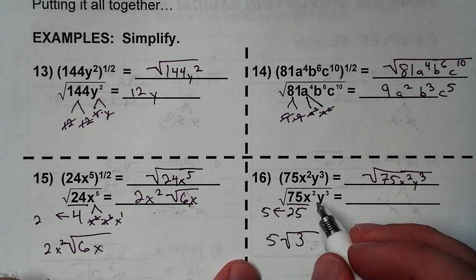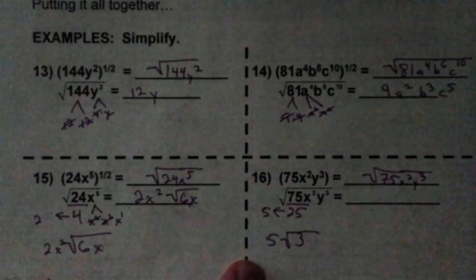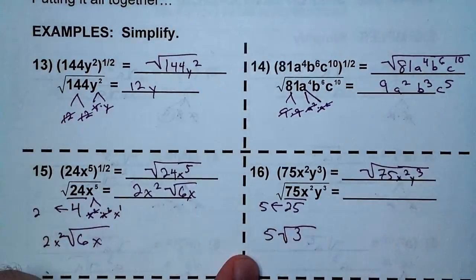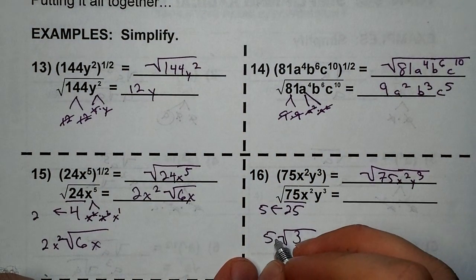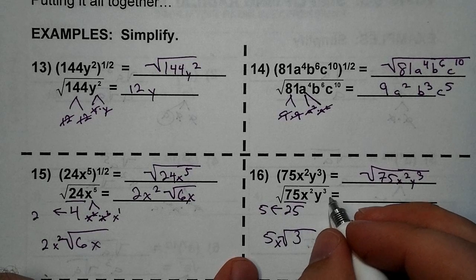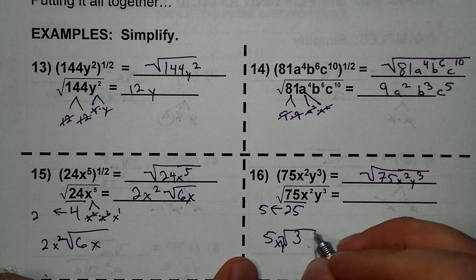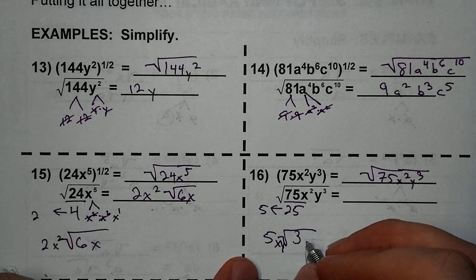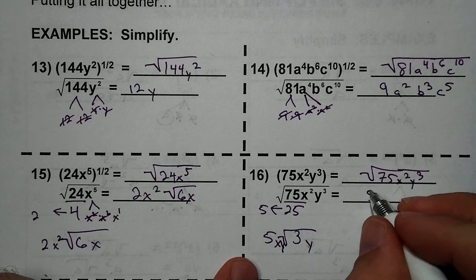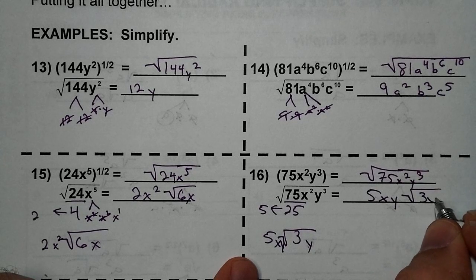X squared is a perfect square, that's just x times x. So, that x is going to come out to the side. Y to the 3rd is an odd number, so that's y times y times y. 1y is going to come out, and then it's an odd number, so 1 is always going to be in the middle. So this would be 5xy square root of 3y.